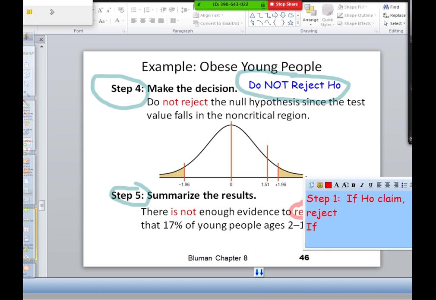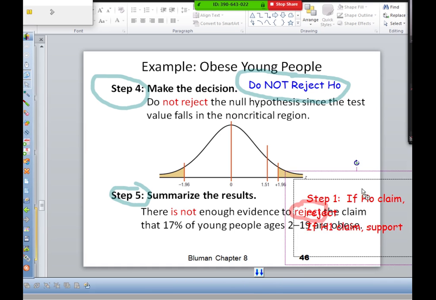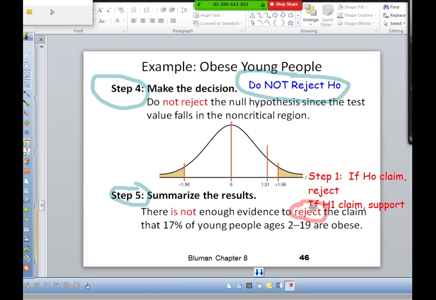If H1's the claim, then you're going to use the word support there. And that's all there really is to it. So this reject comes from step 1. If H naught's the claim, then you use the word reject. If in step 1, H1 was the claim, you're going to use the word support there.